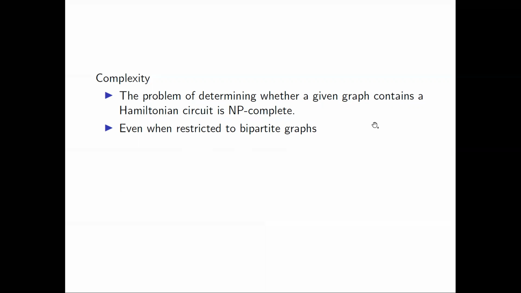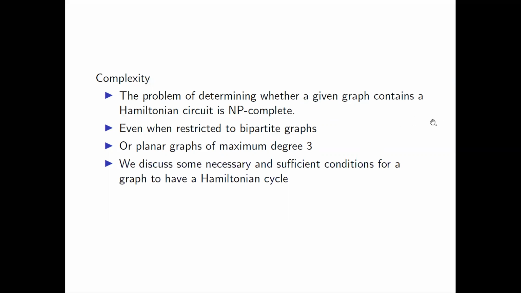So even if you're only considering bipartite graphs, solving this problem is still at least as hard as any problem in NP. Even if you restrict to planar graphs of maximum degree 3, it's still as hard as any problem in NP. And of course, this problem still remains in NP even when you restrict it, because for affirmative answers, we still just provide the Hamiltonian cycle as the evidence that it is Hamiltonian.